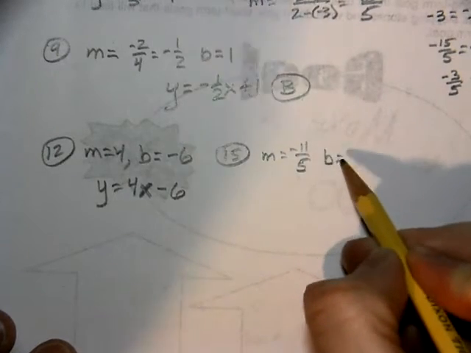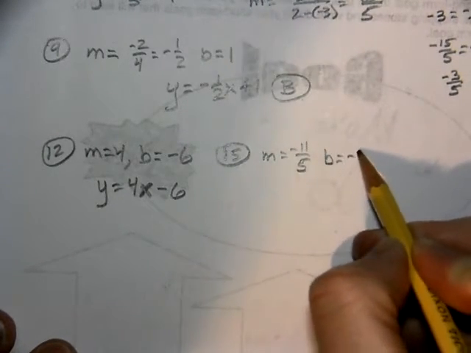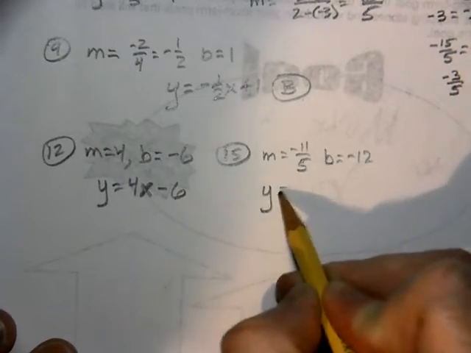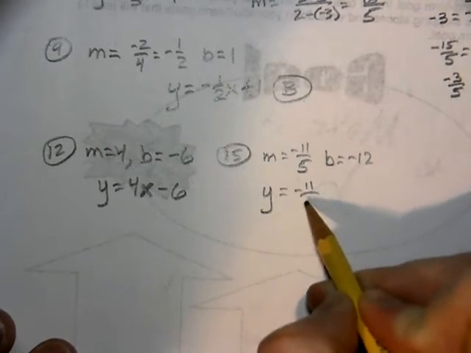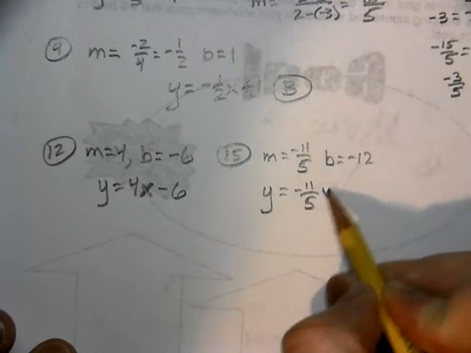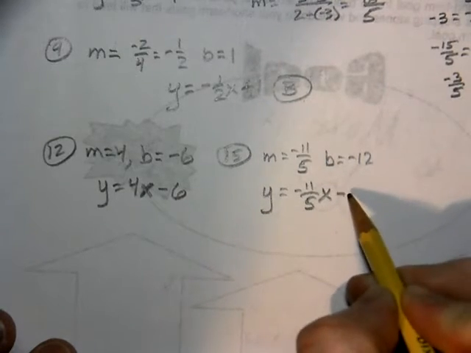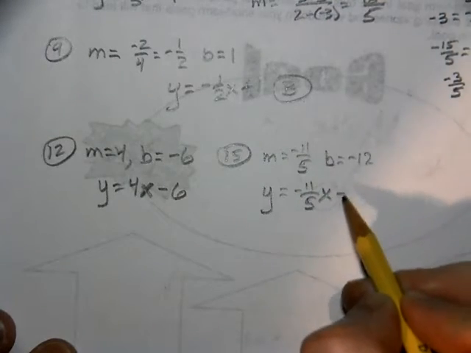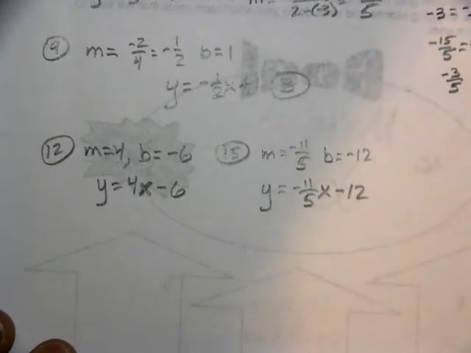And the y-intercept equals negative 12. So our equation is going to be slope times x plus our b, which is a negative 12.